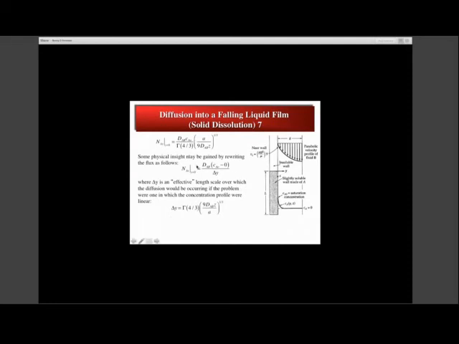If I write the flux simply using this expression, which would be a linear concentration profile going from CA0 down to 0, then I can combine these two expressions to get an expression for the penetration depth of A into the fluid, and you see it has a different dependence on position.